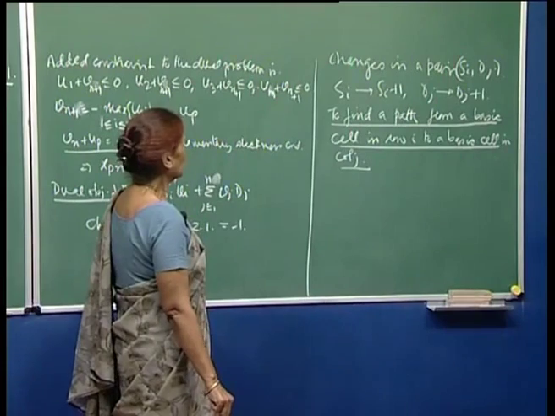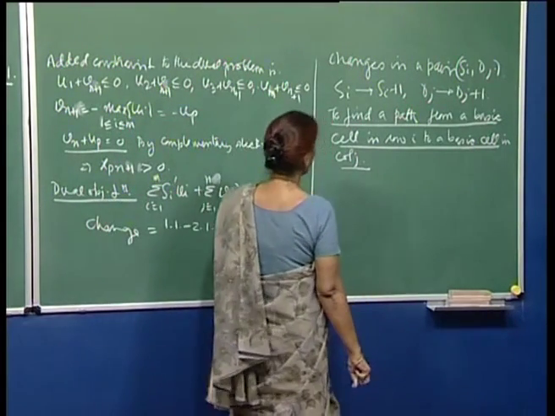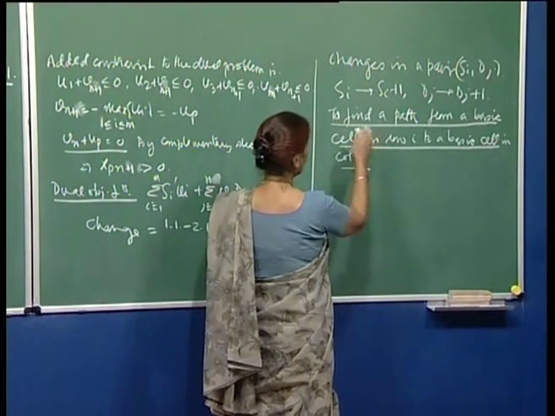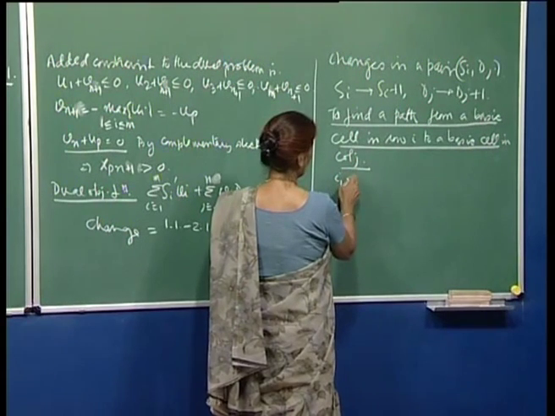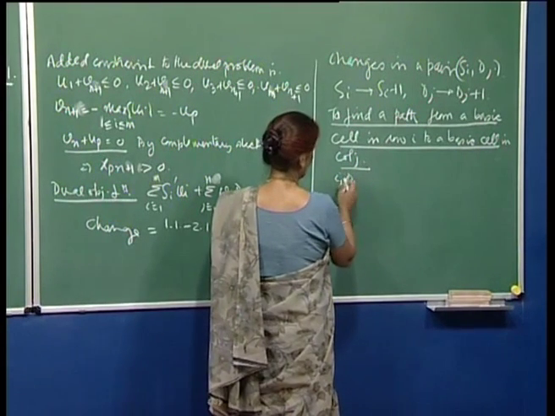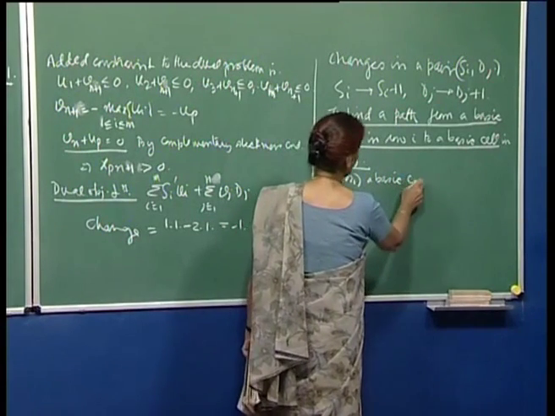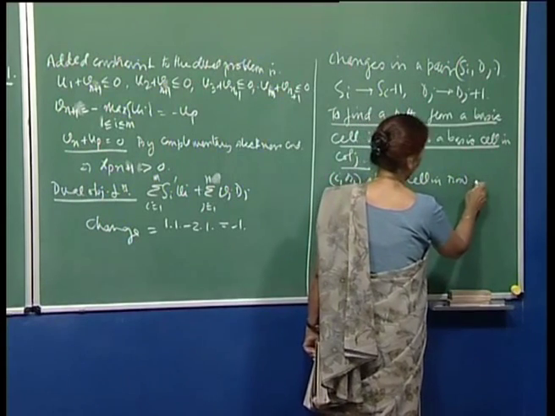Let us see what I will do. Consider the cell (i, R1), a basic cell in row i.